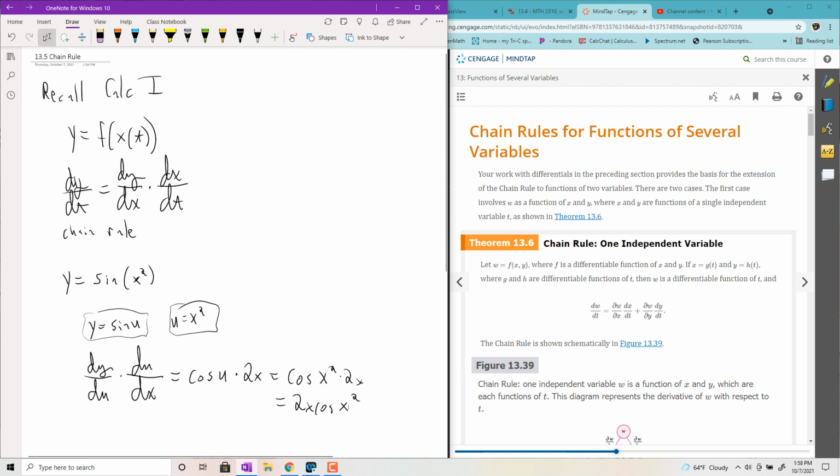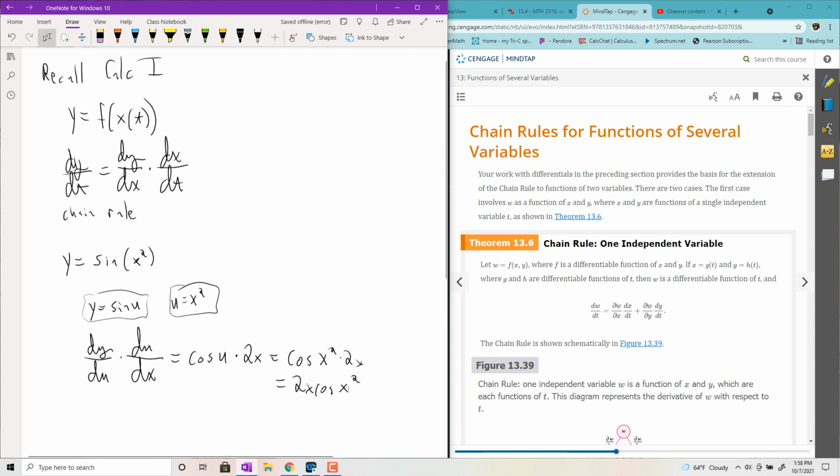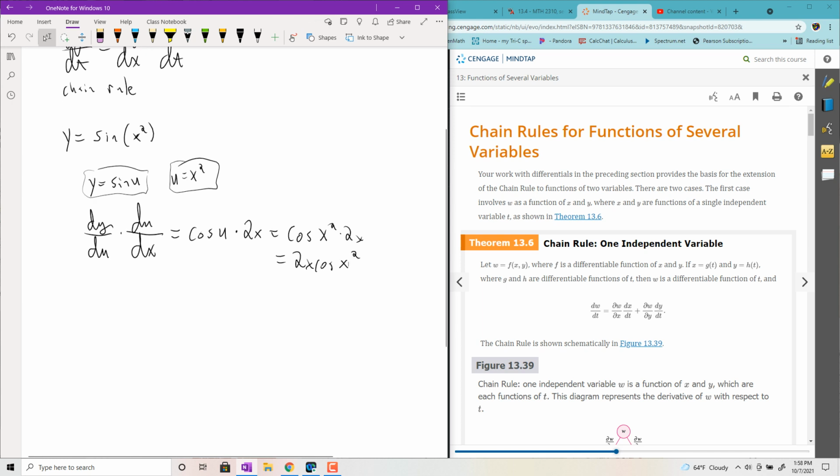Okay, so what we want to do now is really just an extrapolation of that idea. Of course, now we have two different parts, two different derivatives, one in the x direction and one in the y direction, so it becomes a little more complicated.